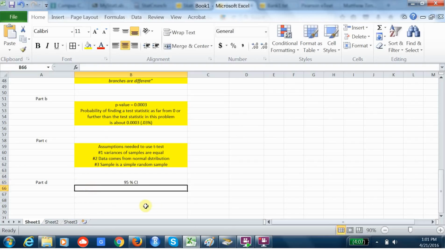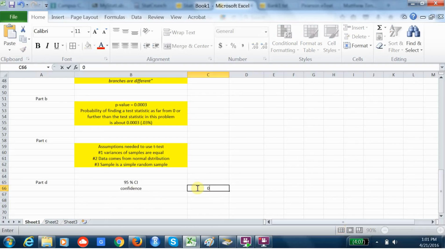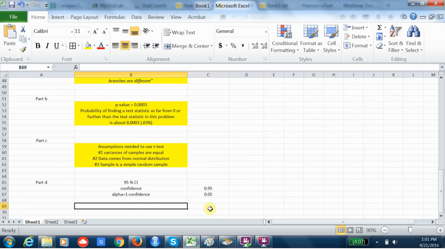So we need a few things here, right? We need the confidence. That's 0.95. We need alpha, which is 1 minus the confidence. Okay. And now we remember what the confidence interval is.